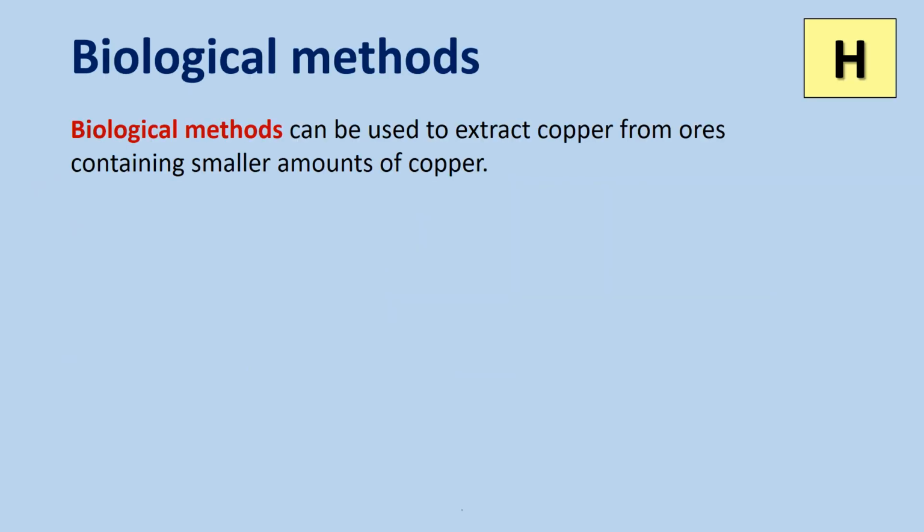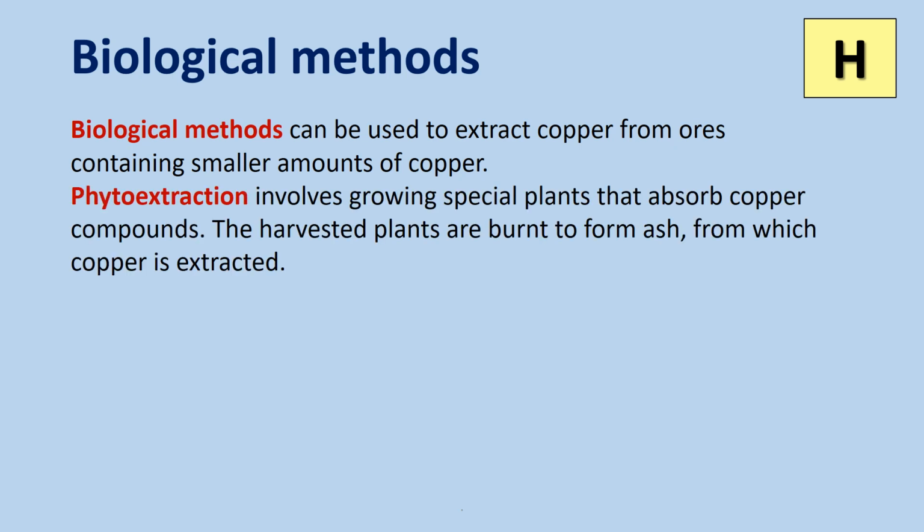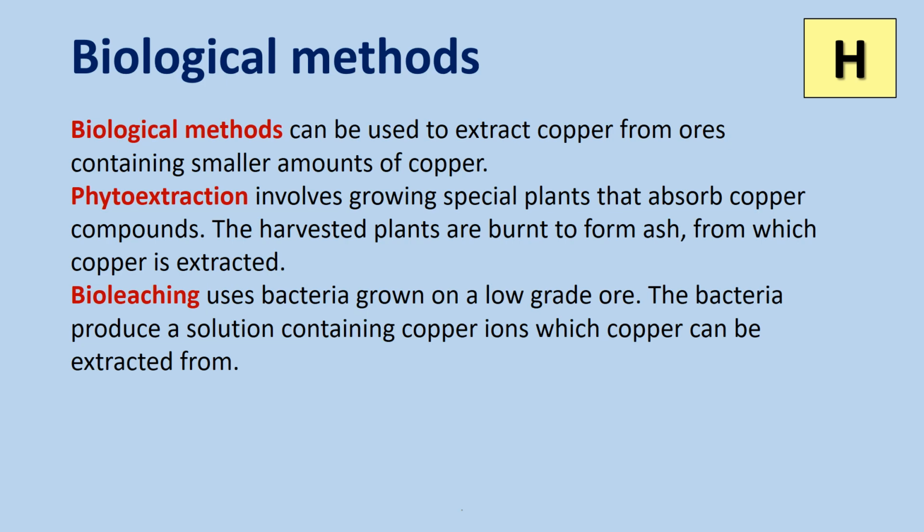We can also use biological methods to extract copper from ores containing smaller amounts of copper. Phytoextraction involves growing special plants that absorb copper compounds. The harvested plants are burnt to form ash from which copper is then extracted. Bioleaching uses bacteria grown on a low-grade ore.